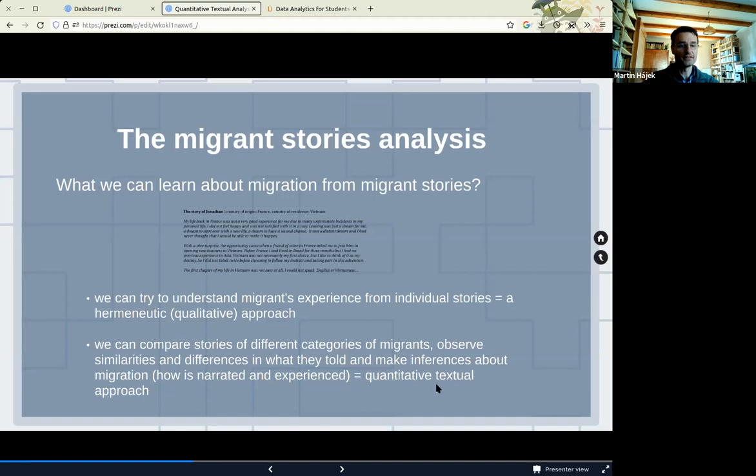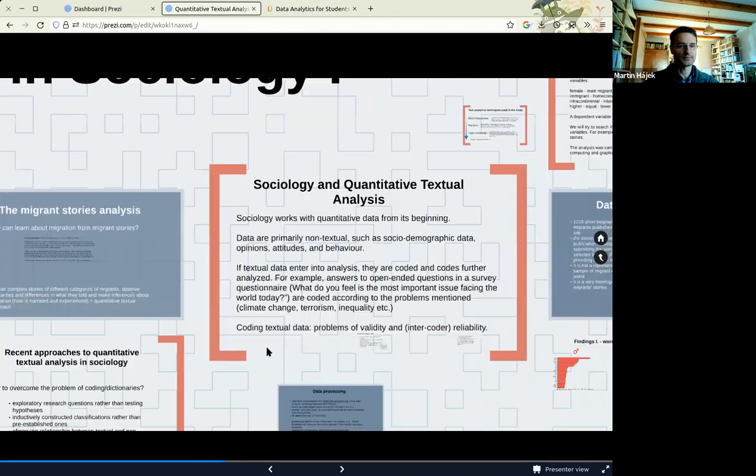And this is a quantitative textual approach, where we don't try to read them and understand their experience. We analyze them quantitatively, looking for differences, trying to make some inferences. We don't know which kind of inferences, but some inferences about migration. And we will apply the quantitative textual approach.